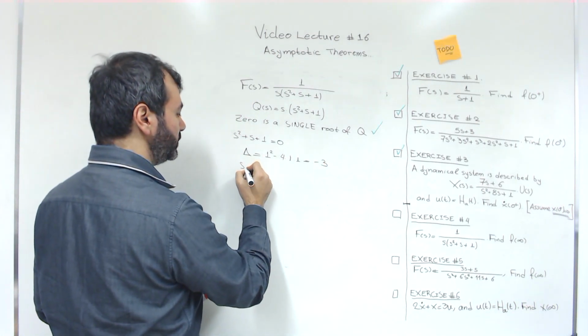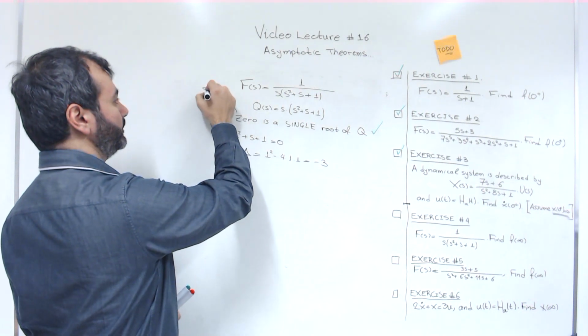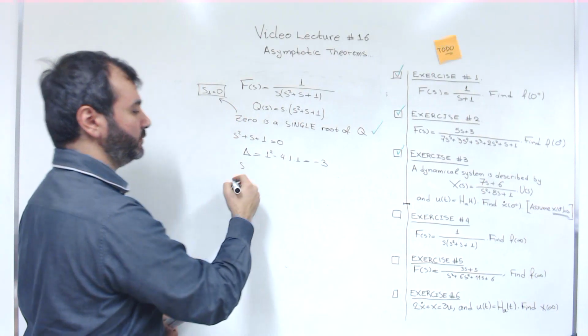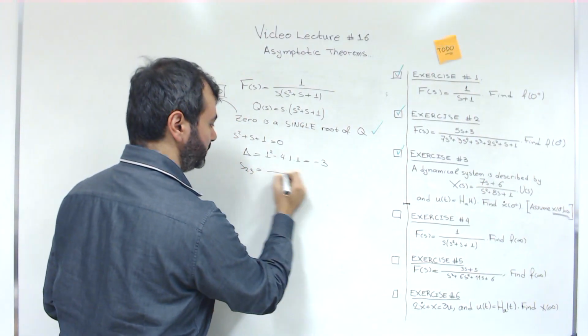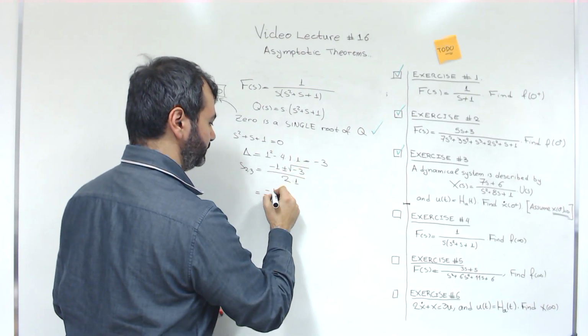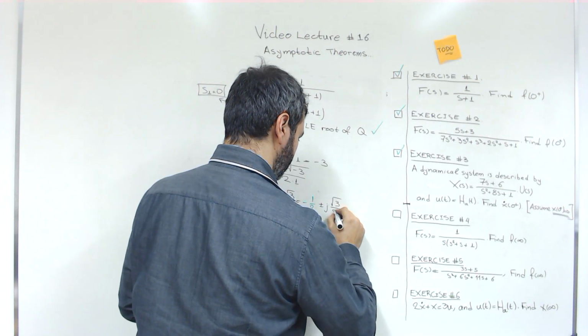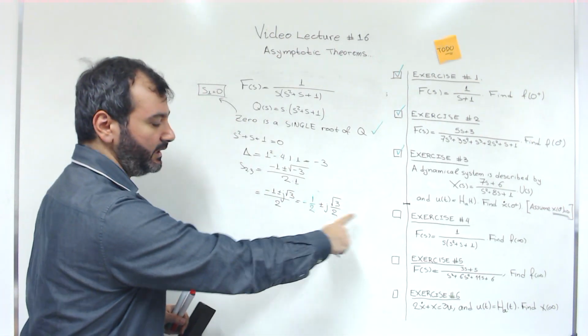And the two roots, let's call this root S1 is 0. This is the first root, so these are the second and the third root. Minus 1/2 plus minus j times something.